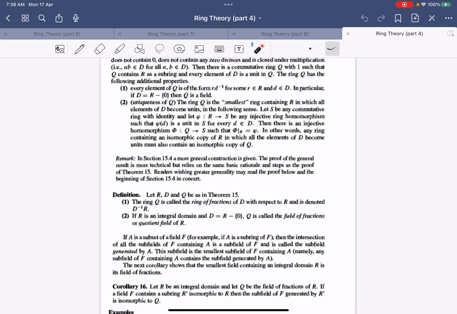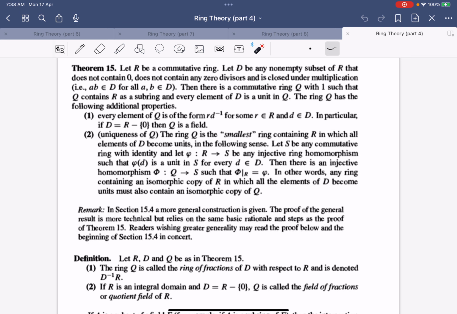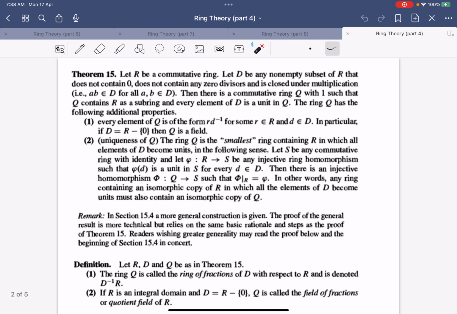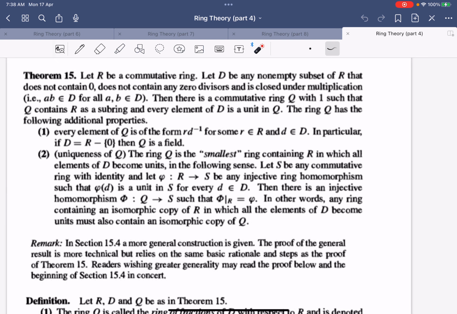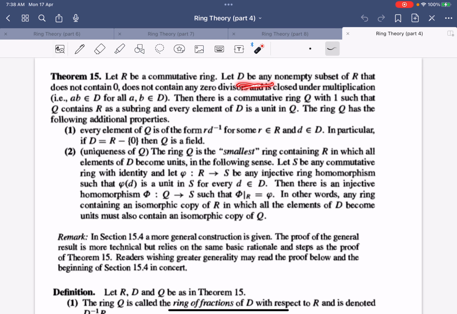And so now, let's construct from a general ring a ring of fractions. We let D be any non-empty subset of R that does not contain zero, does not contain any zero divisors, and is closed under multiplication.